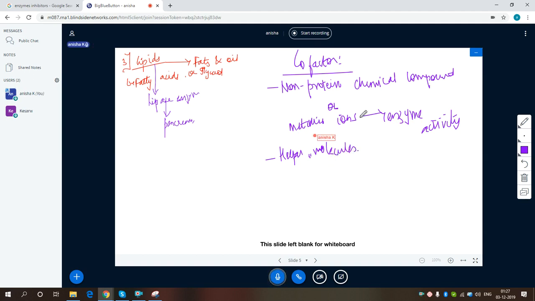What is happening is they are just assisting in the enzyme's reactivity. You understood what a cofactor is now? Yeah. Anything else? I think that's most of it.